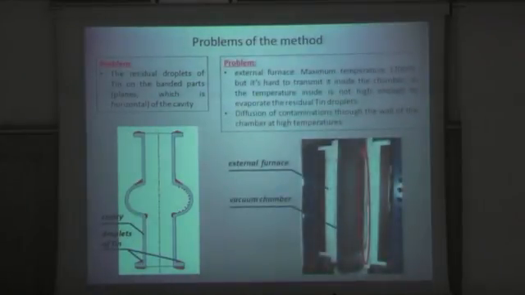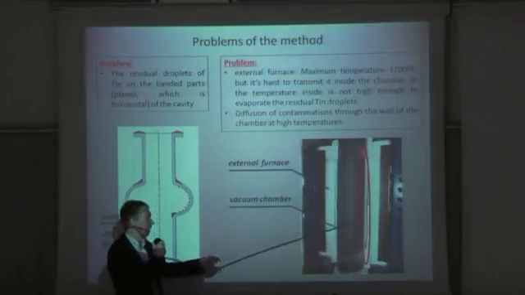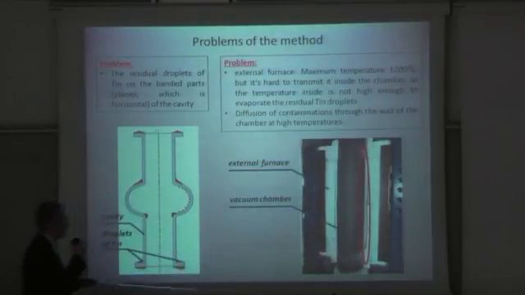Another big problem is the use of an external furnace. The point is that the maximum temperature that we can use with an external furnace is 1200 degrees centigrade. But it is just the temperature of the furnace. And we have, first of all, a layer of air, the wall of the chamber, and the wall of the crucible inside.